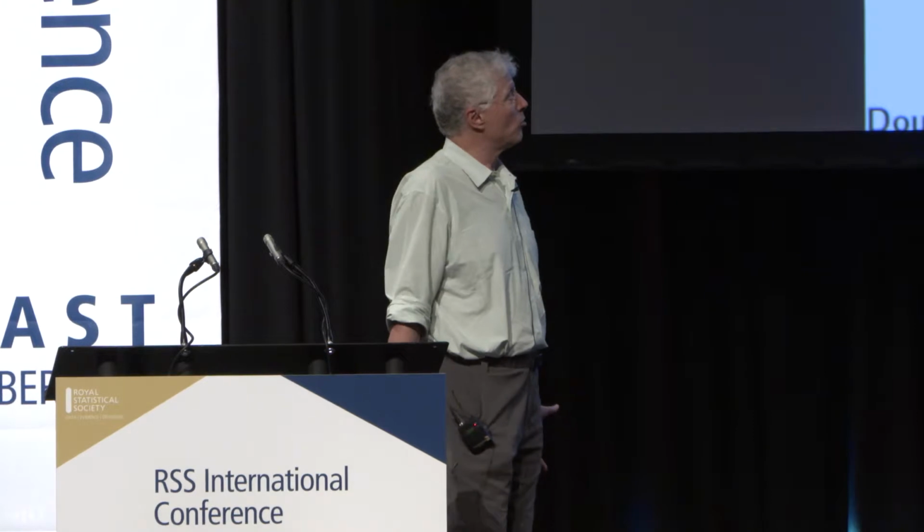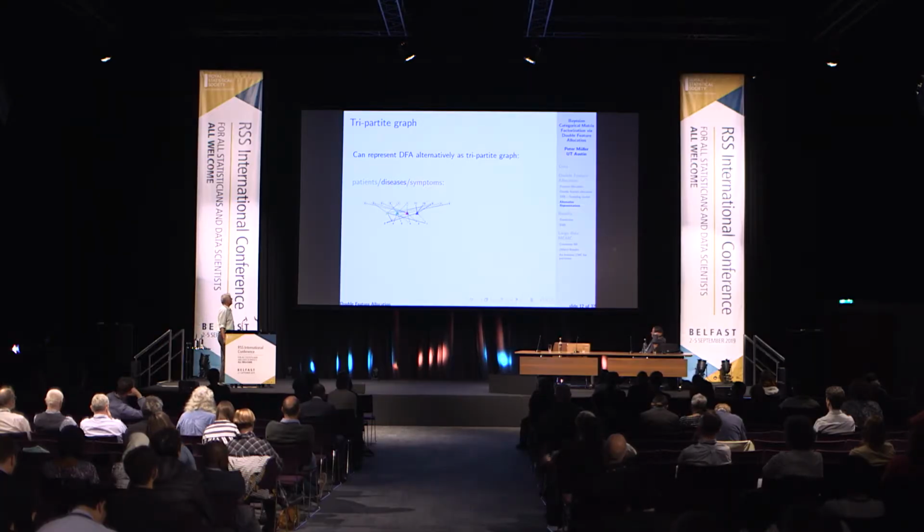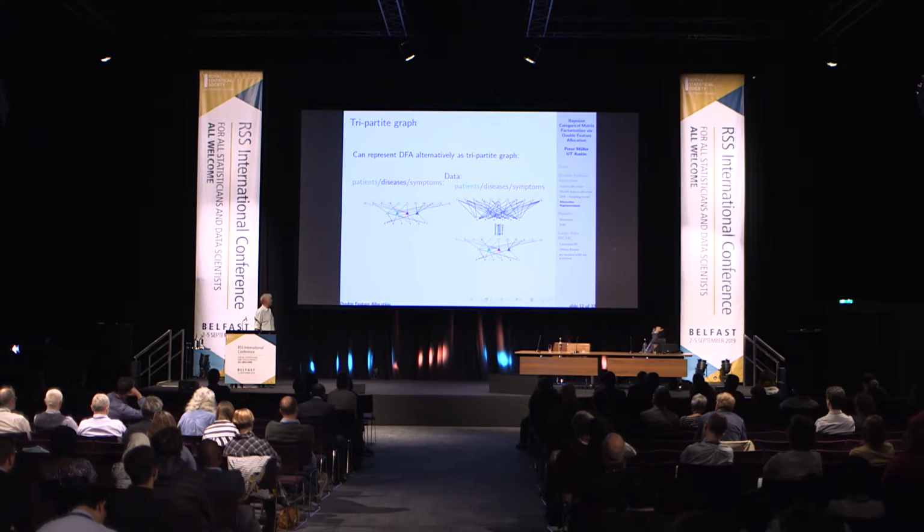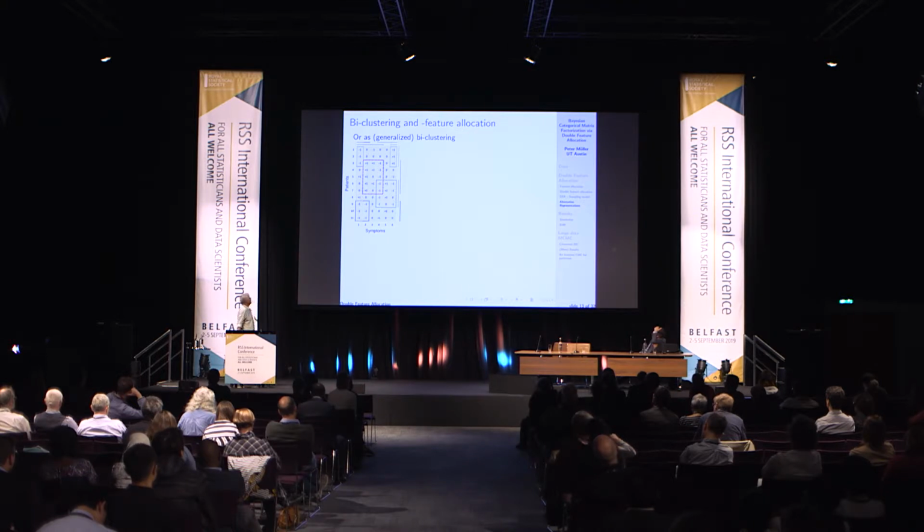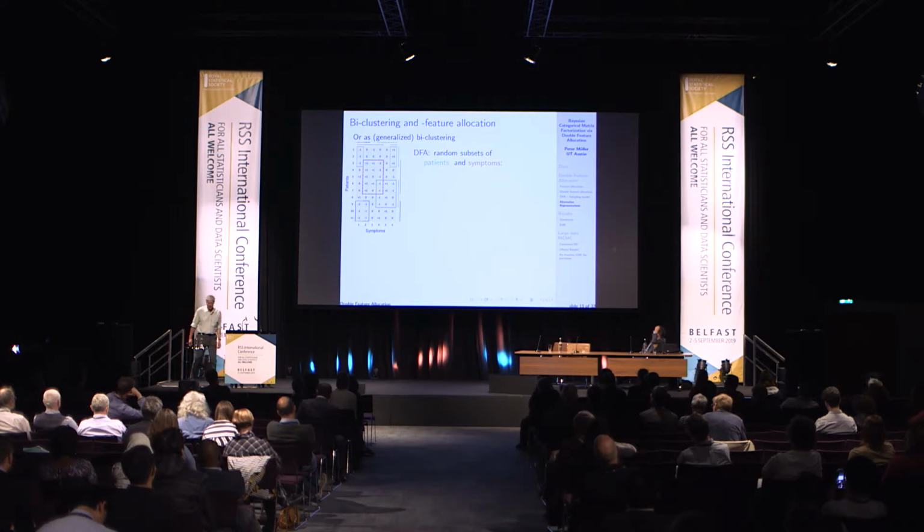So at this moment, we have completed a model description, and in principle, we can carry out posterior inference. I still want to point out that exactly the same construction I could have described as a probability model for introducing that latent third layer in a tripartite graph. Or I could have described it as vertical and horizontal clustering.